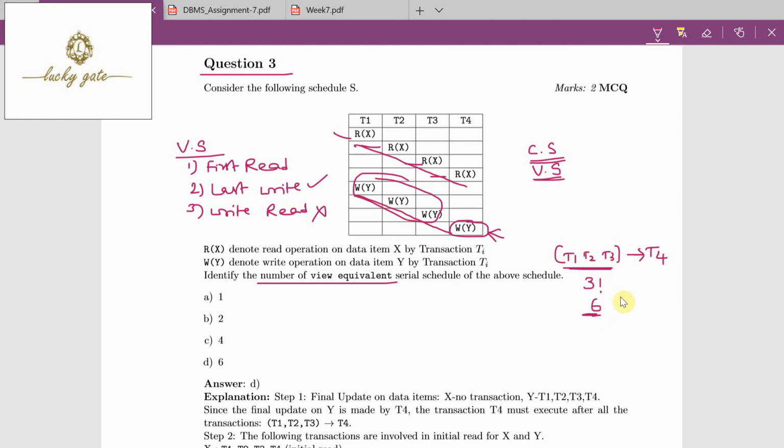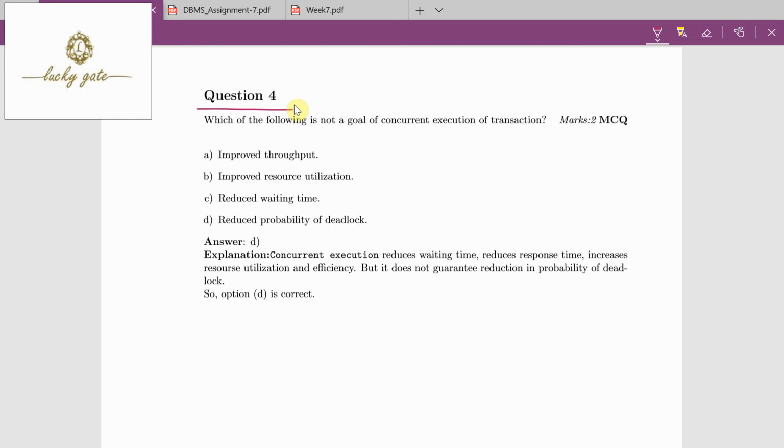For each of these 6 possibilities, the last transaction should be T4 to satisfy the last write operation. So the number of view equivalent serial schedules is equal to 6. That is option D.